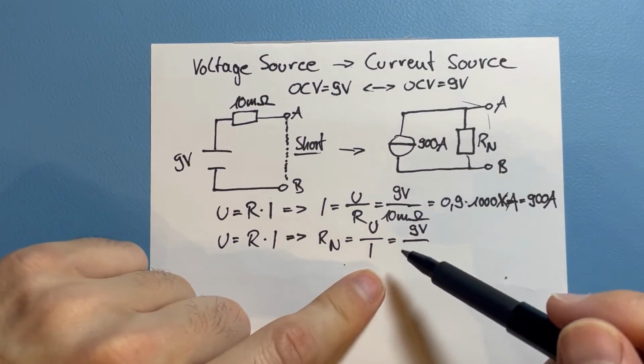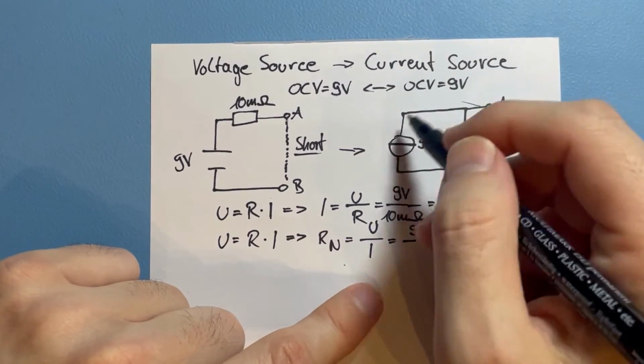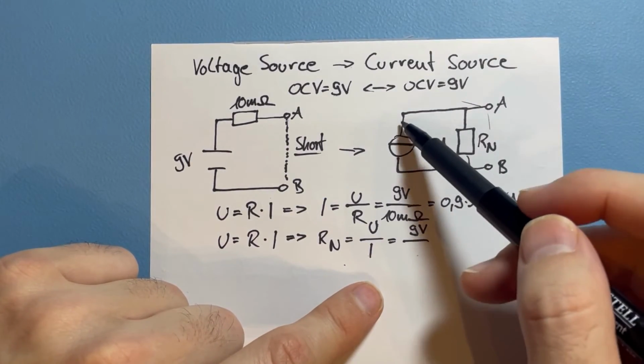And then our I that is flowing through this resistor cannot be otherwise than 900 amperes.